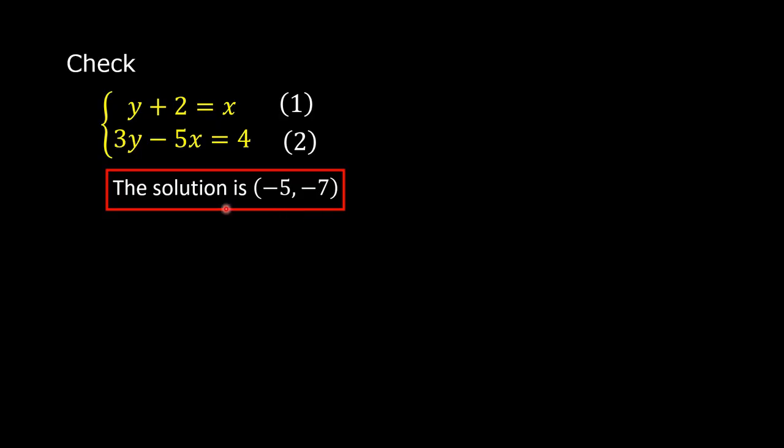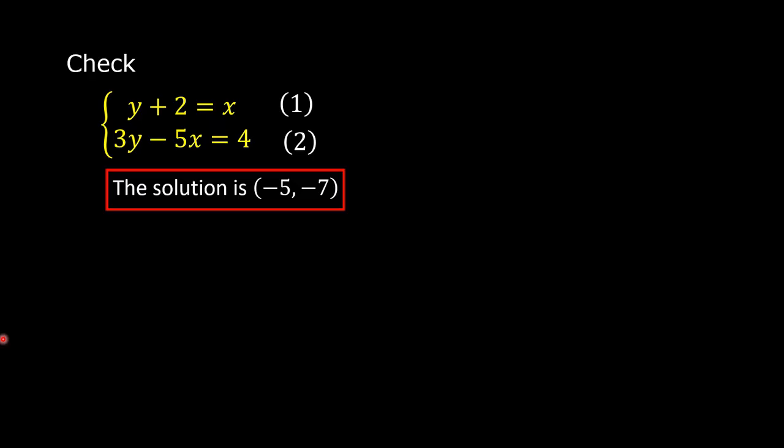What we are going to do is to substitute negative 5 for x in the first equation as well as in the second equation. And then we substitute negative 7 for y in the first equation and also in the second equation.